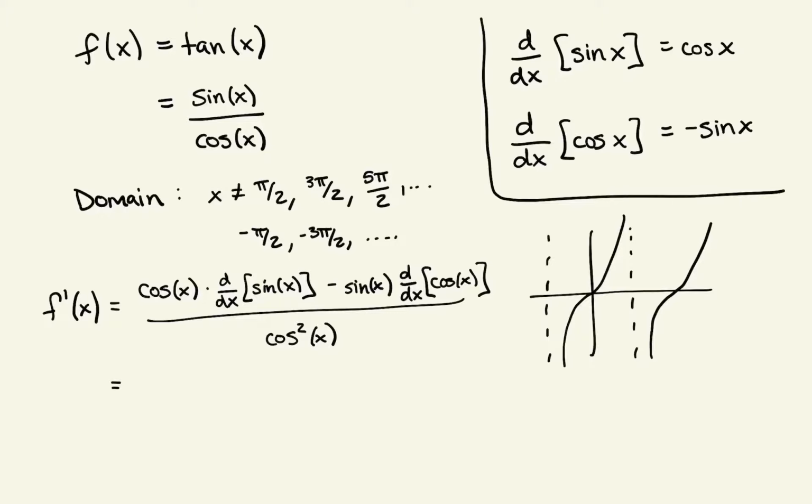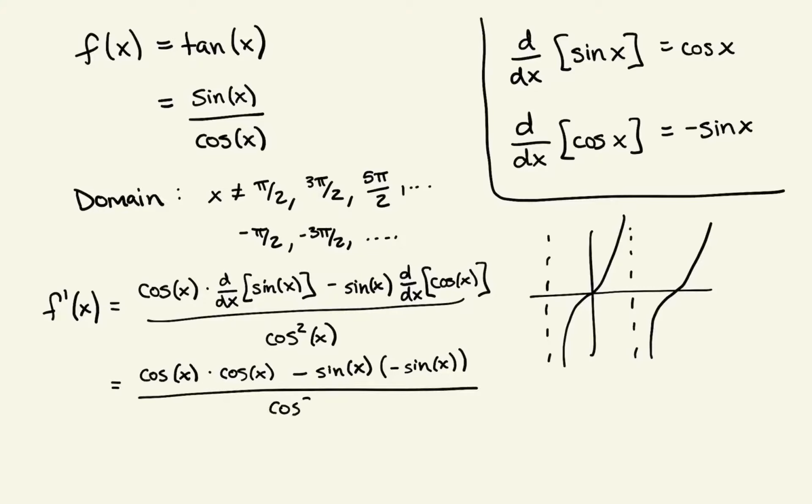Okay, now let's simplify. So when we take these derivatives, we have cosine x, now the derivative of sine x is cosine x, minus sine x, and then again the derivative of cosine x is minus sine x, over cosine squared.